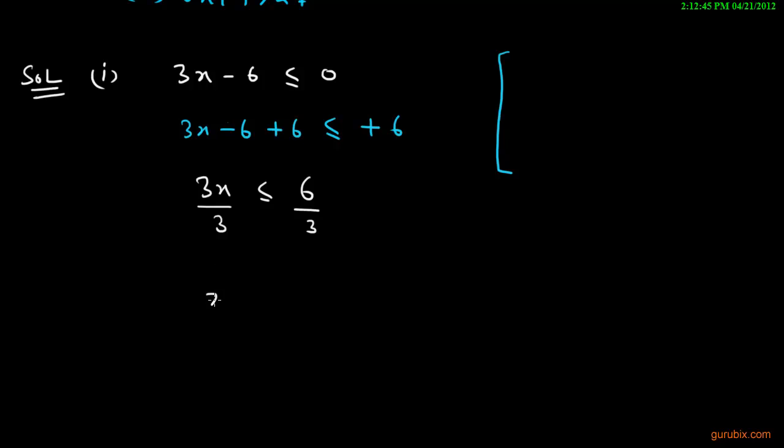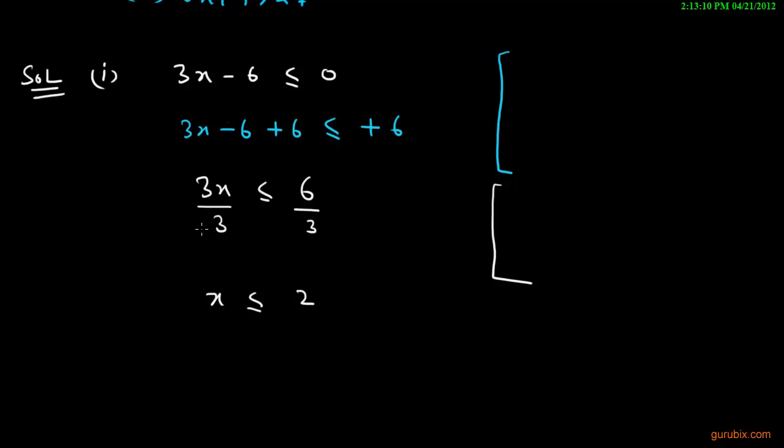Then it will be x less than or equal to 2, and the rule here is that both sides of an inequation can be multiplied or divided by the same positive real number without changing the sign of inequality.